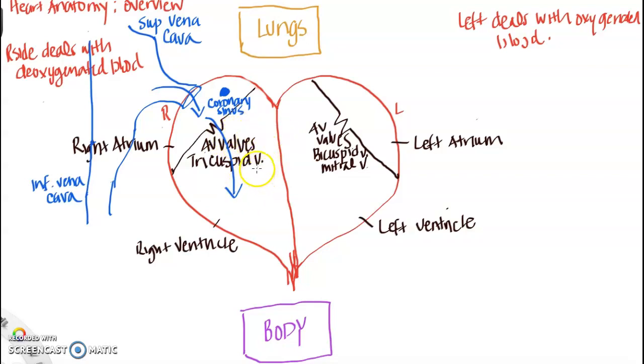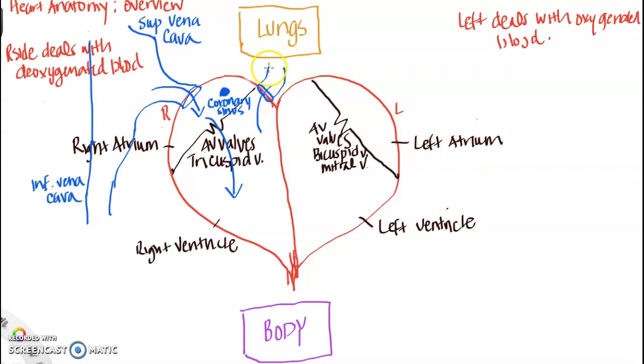Okay, so once it's in the right ventricle and the heart's going to contract, the rest of the blood is forced into the ventricle as the right atrium contracts, and then the right ventricle contracts, and that causes the doors of the valves to shut. And that blood then is sent into the pulmonary trunk.